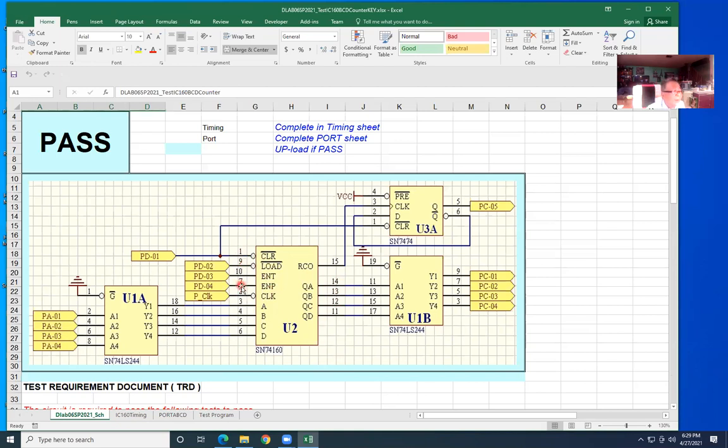Okay, the enable pins here must be 1, both pins have to be 1. And pin 2, the clock, you have to get the clock going from 0 to 1. If you measure right now and it's 0, the clock transition is already done.